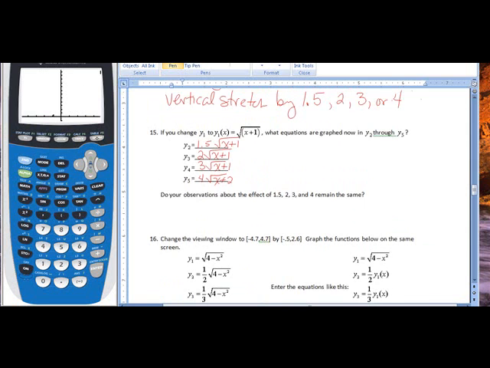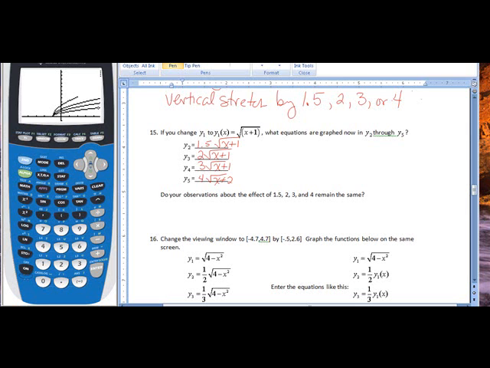So there's the initial curve. There's 1.5 times the initial function. 2. Okay, if I pause that graph right here, the initial curve is right here, the slowest one.